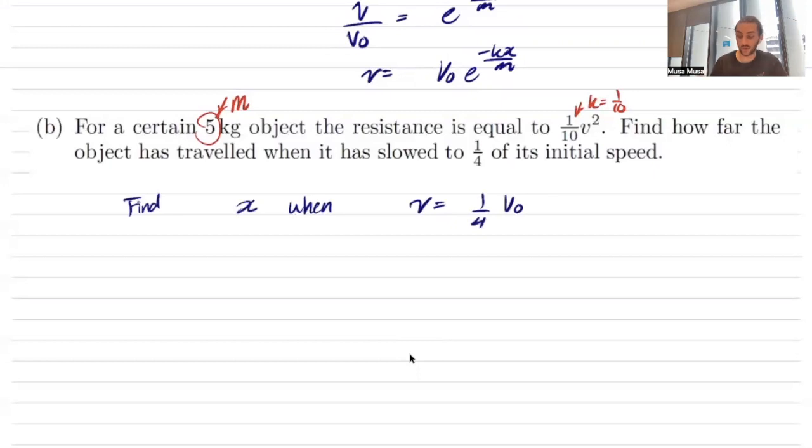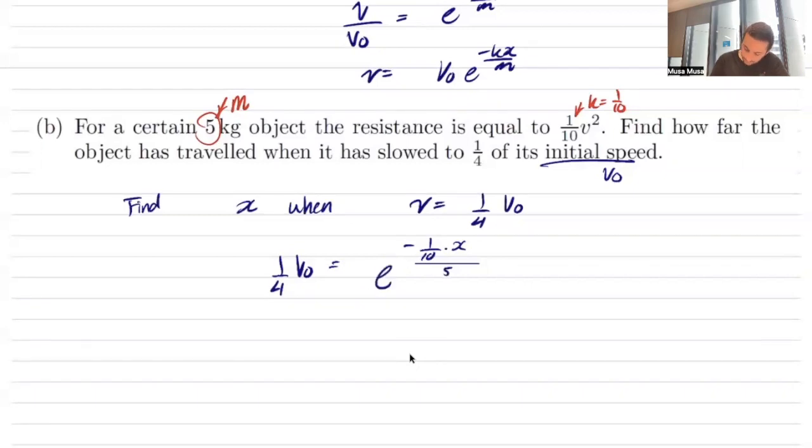Not slowed by a quarter, slowed to a quarter. And the initial speed, of course, is v naught. So let's go to this. A quarter v naught equals v naught e to the power of minus k, we know what k is, minus 1 on 10 x over m, which is 5.